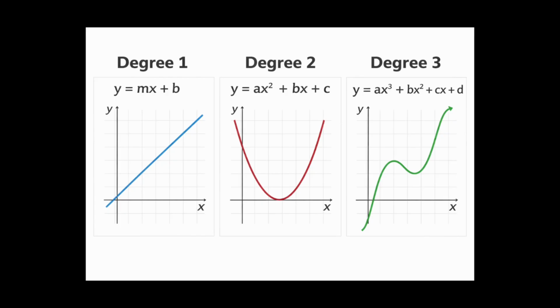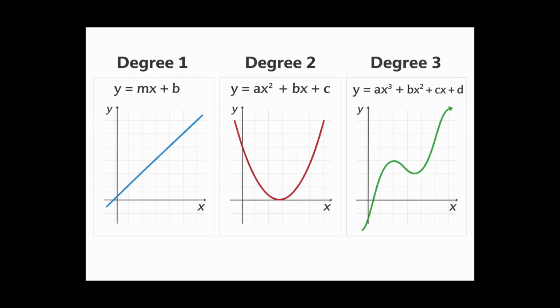For example, y is equal to 2x plus 1 rises upward and crosses the y-axis at 1. A linear graph has a constant slope and does not curve. So, it's just a straight line, guys. And for the second degree, the polynomial is called a quadratic. A quadratic function's graph forms a U shape, also called a parabola.